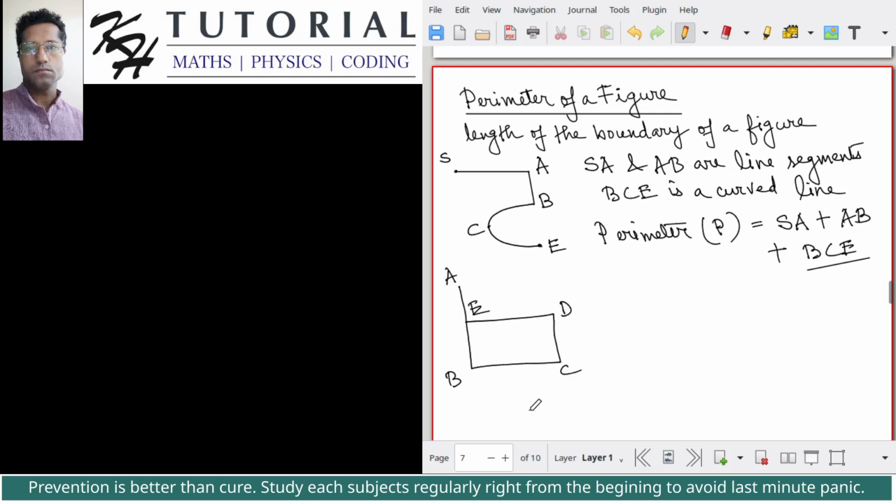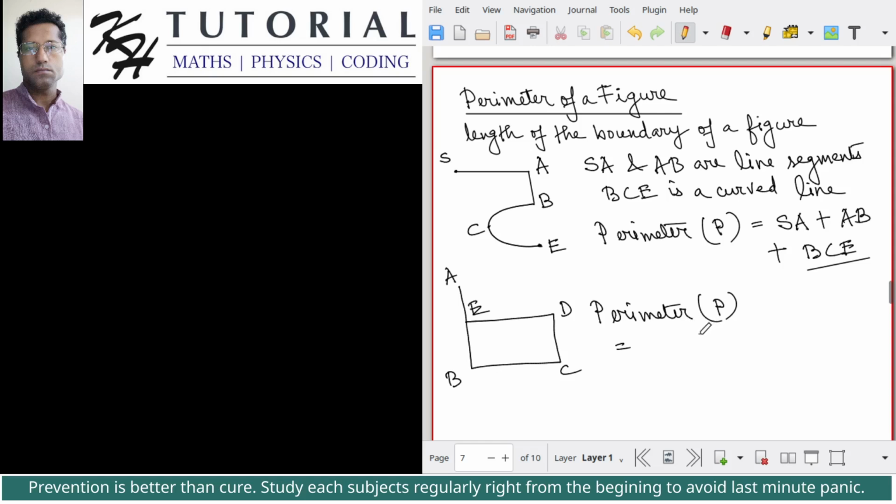So what will be the perimeter? What is the boundary of this figure? The perimeter P for this figure will be equal to the boundary.